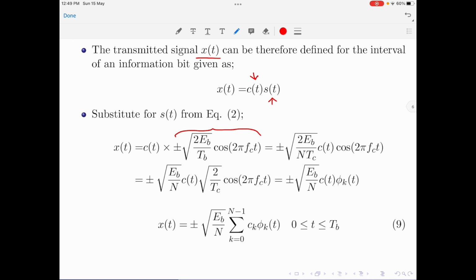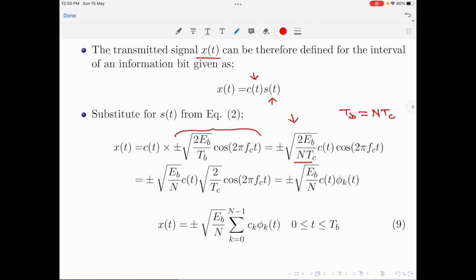I am going to now take the square root of 2Eb by Tb towards the constant term. So, the next term would be plus or minus square root of 2Eb by Tb, but Tb is equal to NTc, so here I have written it in terms of NTc. Following that, we have c of t multiplied by cos 2 pi fct.